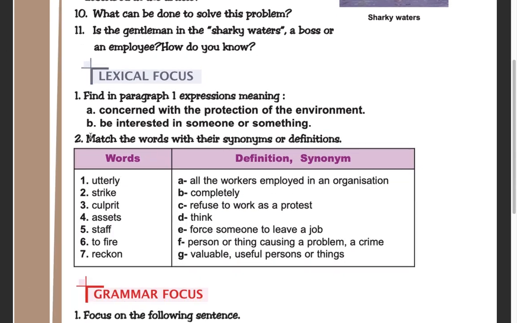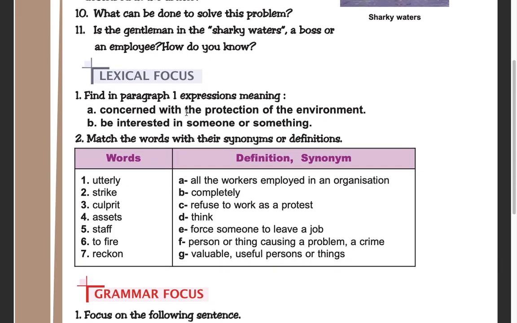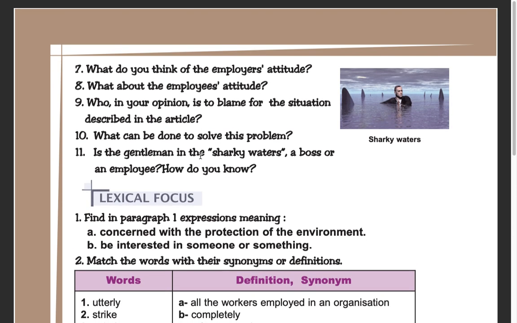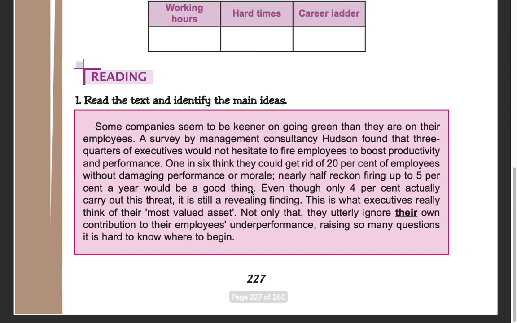Moving on to lexical focus, find in paragraph 1 expressions meaning the following: concerned with protection of the environment. So that is, as we've seen earlier, being green or going green.